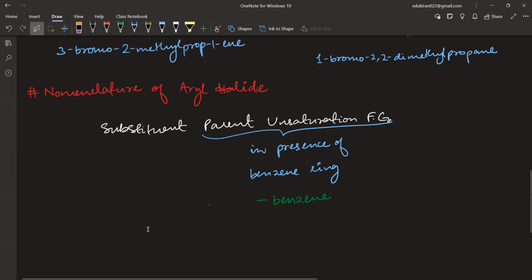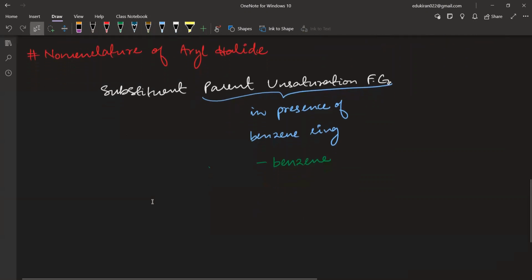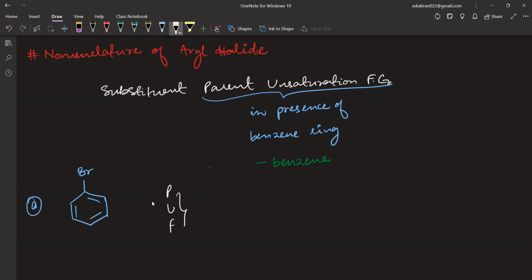Now I will do one example that will help you guys. We have a Br here. What will be the parent, unsaturation, functional group? Benzene.